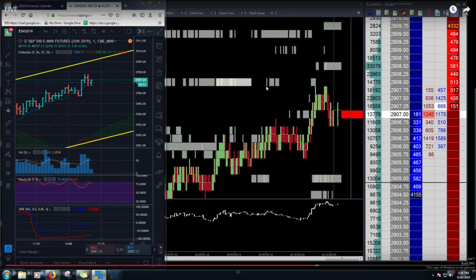For instance, you can see that size has been sitting here, and then it pulled off, and then it came back, and then it pulled off, and then it came back. And that briefly pushed the price down. That all happened at 29.08 even.